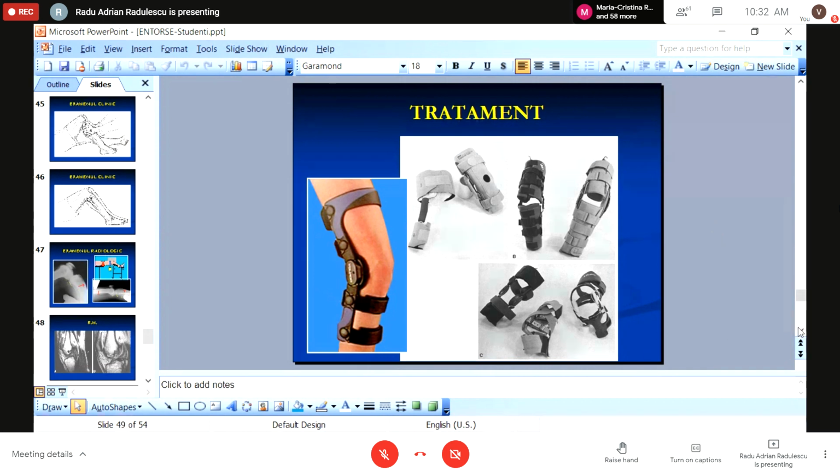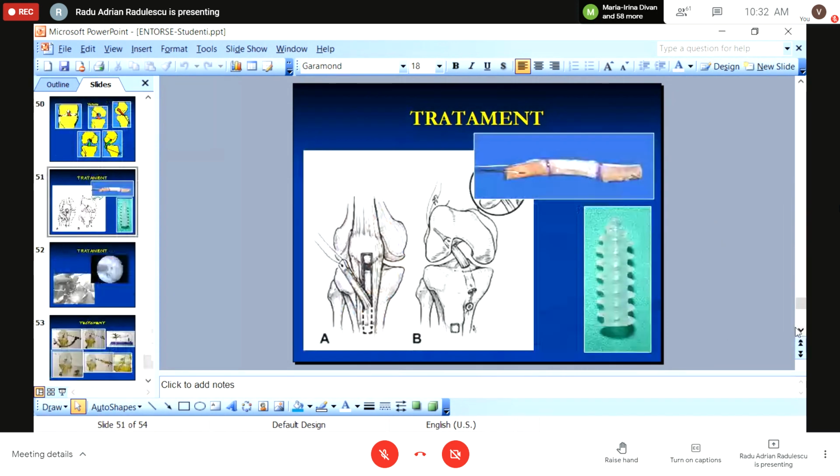Surgery in this situation consists in replacement of the anterior cruciate ligament by using grafts from the neighborhood. Pay attention, suture of the ligament is no more possible.